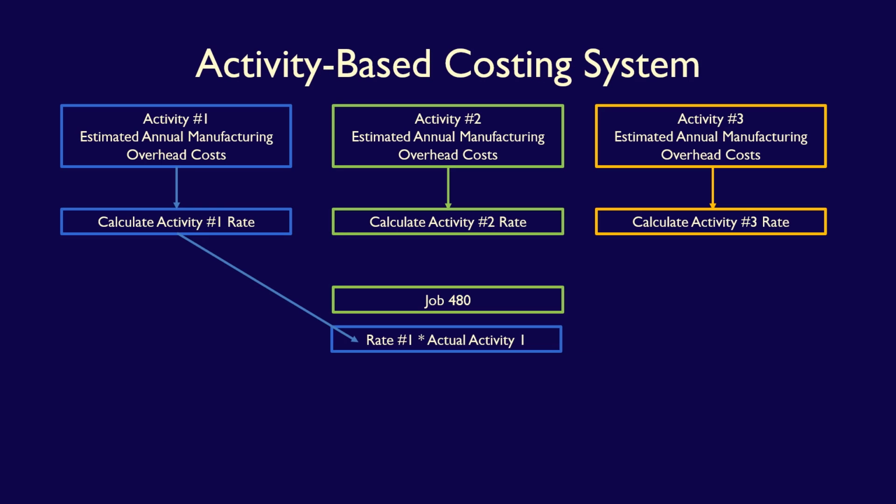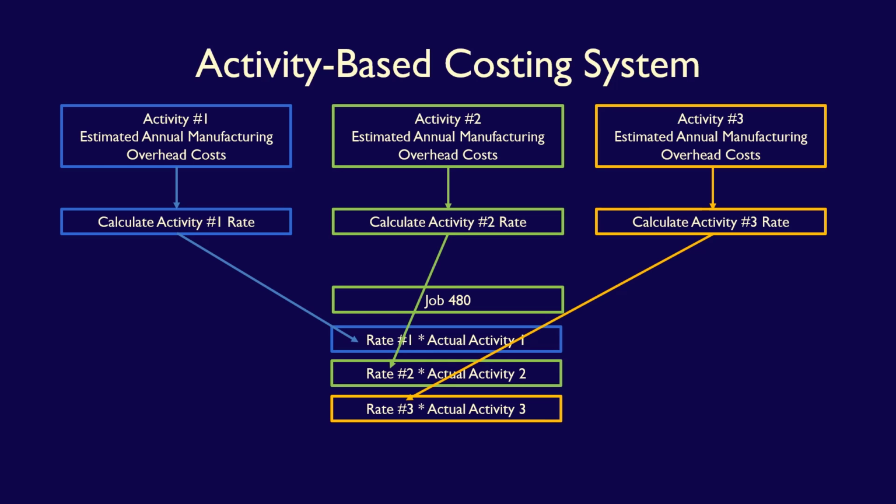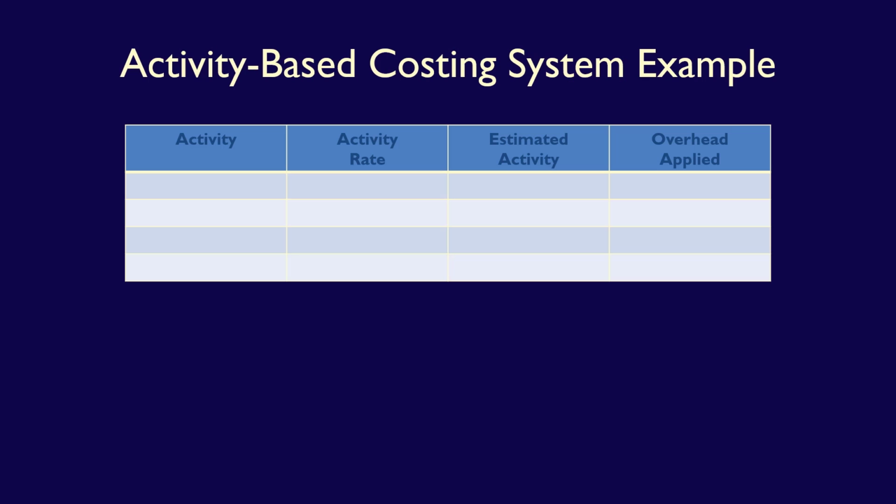With these estimates of the use of each activity, we can calculate the overhead applied for activity 1, material handling, the overhead applied for activity 2, machining, and the overhead applied for activity 3, inspections. That will give us the total overhead to apply to job 480.